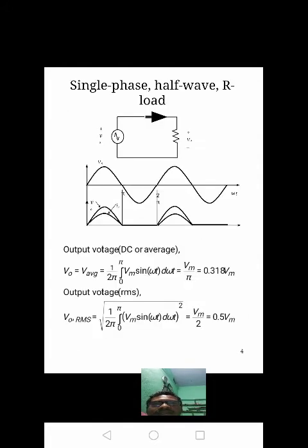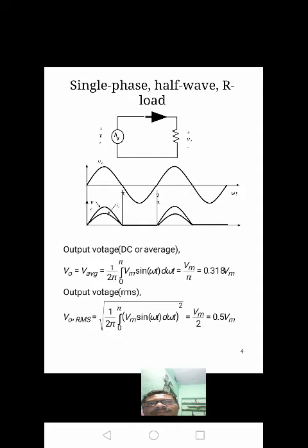Single phase half wave rectifier with R load. The circuit diagram is seen in the diagram below. The AC source is given to the R load through a diode. Here in the waveforms, we are observing the input is a sinusoidal waveform, a full cycle, one positive half cycle and one negative half cycle.